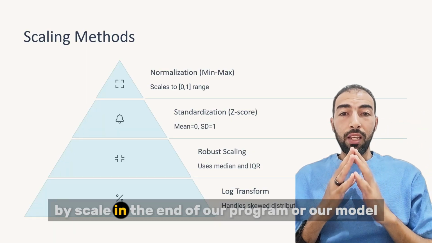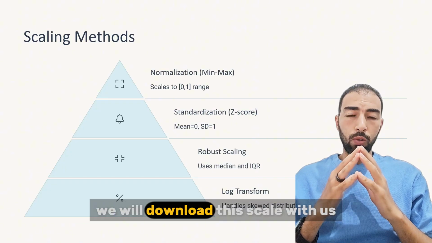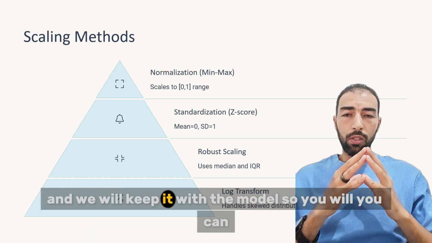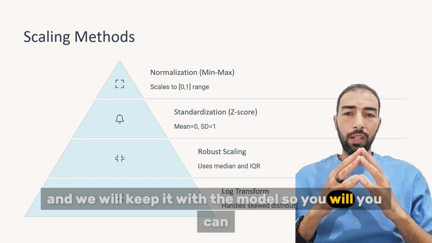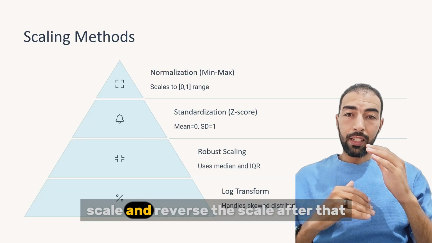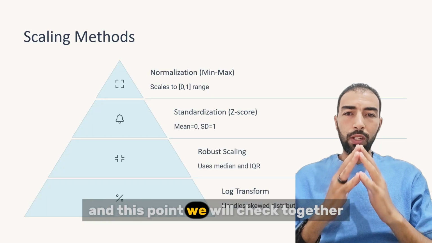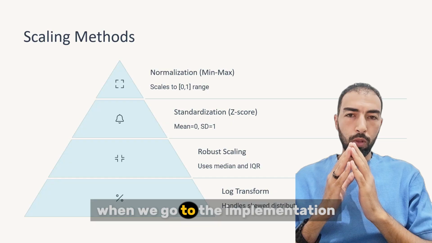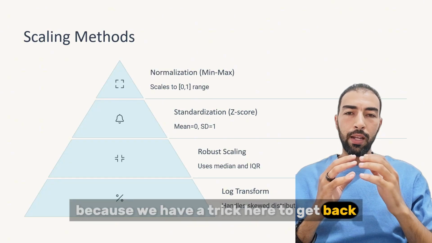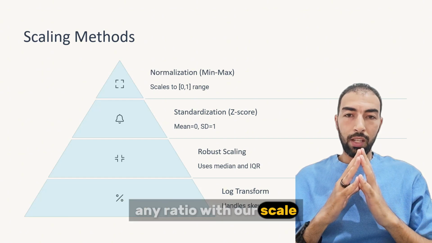At the end of our program or our model, we will download this scaler with us and keep it with the model, so you can scale and reverse the scale afterwards. We will check this point together when we go to the implementation, because we have a trick here to get back any ratio with our scale.